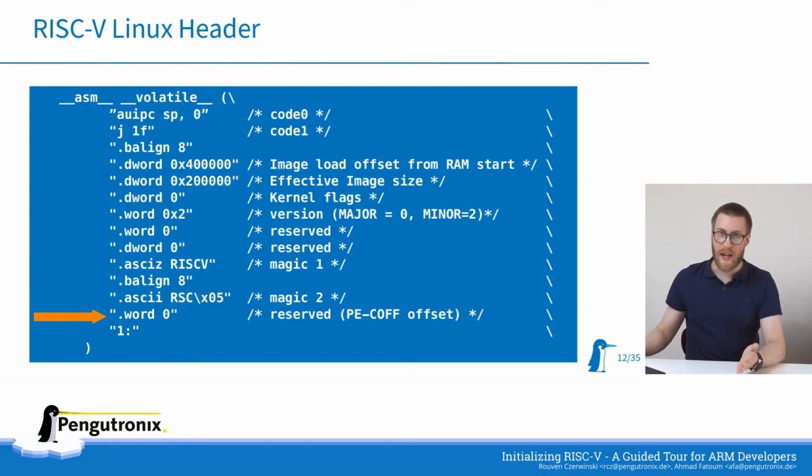And at the very end, we have a reserved PE coff offset, which is used for EFI. If you want to run EFI payloads, or if you want to have a bootloader which implements the EFI specification, and you want your Linux kernel to be an EFI binary, you have to use that field.